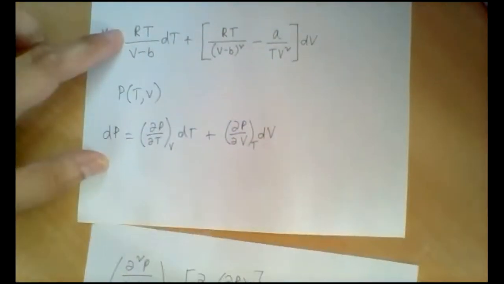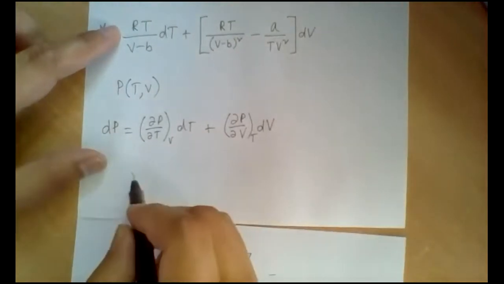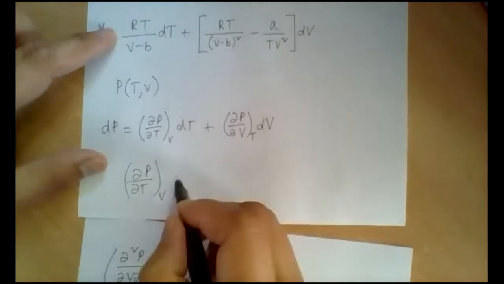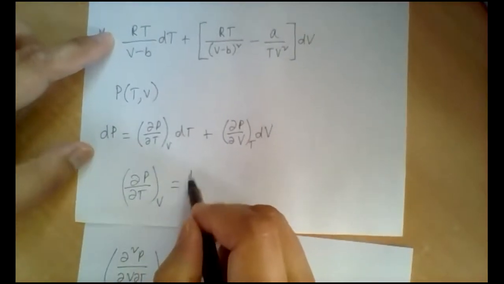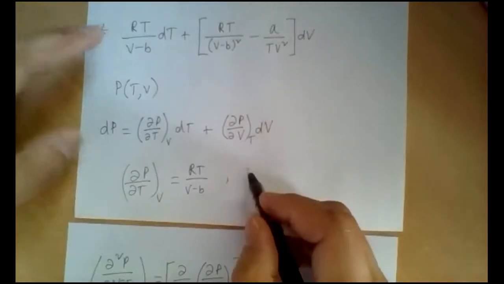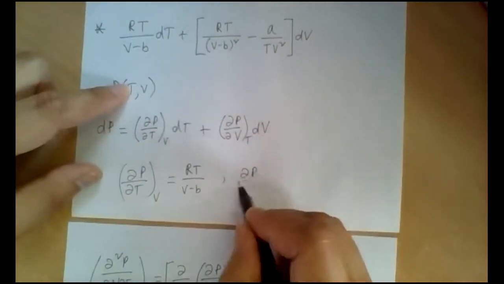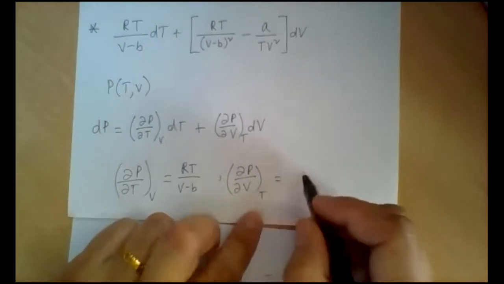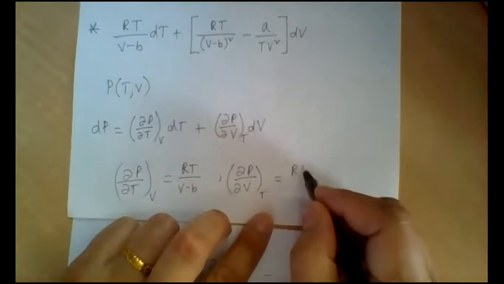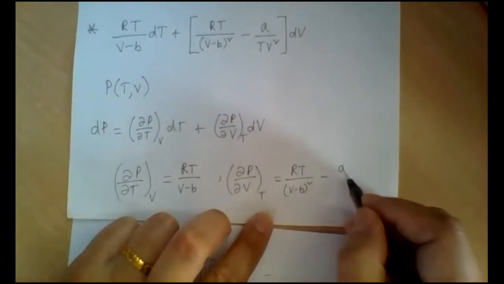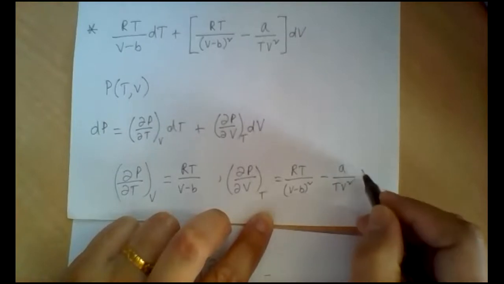So this means del P by del T at constant volume is RT by V minus B. Del P by del V at constant temperature is equal to RT by (V minus B) whole square minus A by T V square.